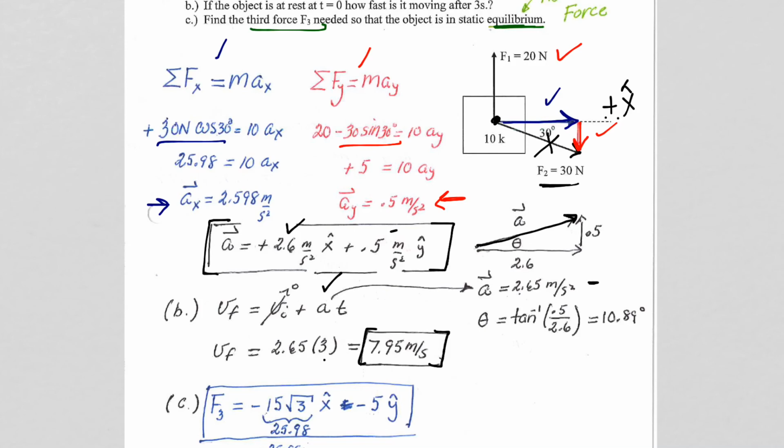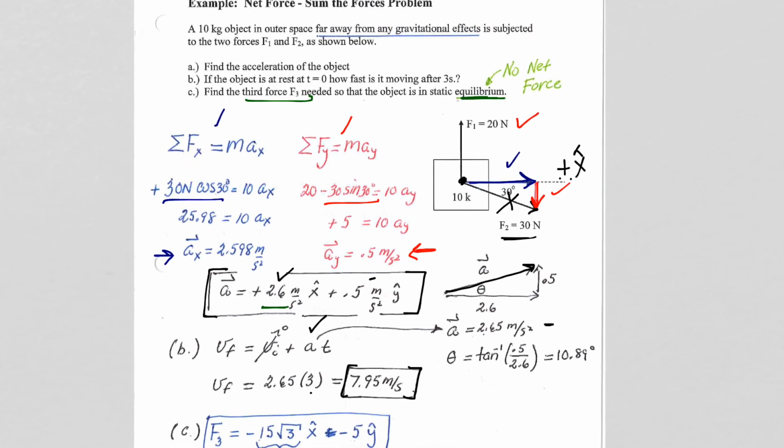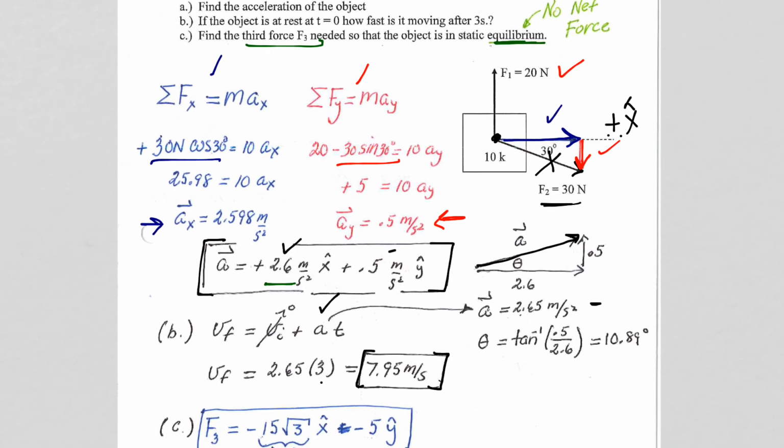So in the x direction, F equals ma says that mass is 10 kilograms times 2.6, so I get 26 newtons to the right from F1 and F2, and I get 5 newtons up from F1 and F2 in the y direction.